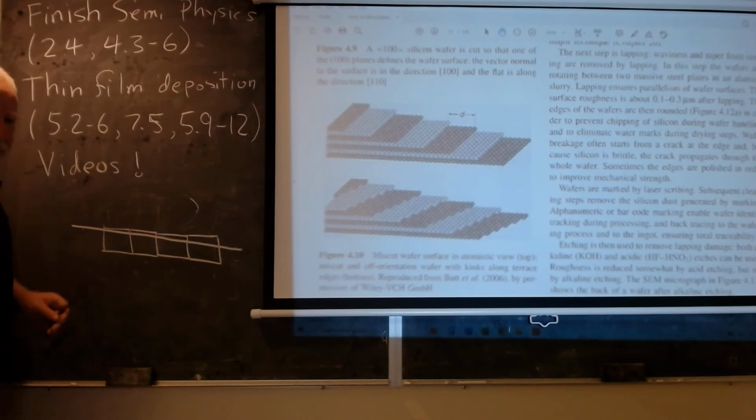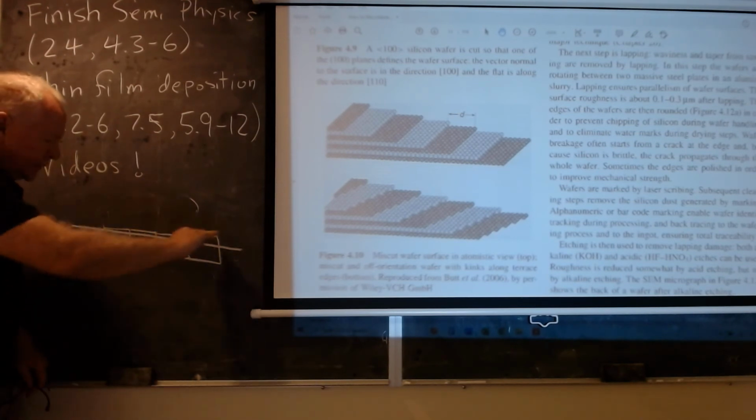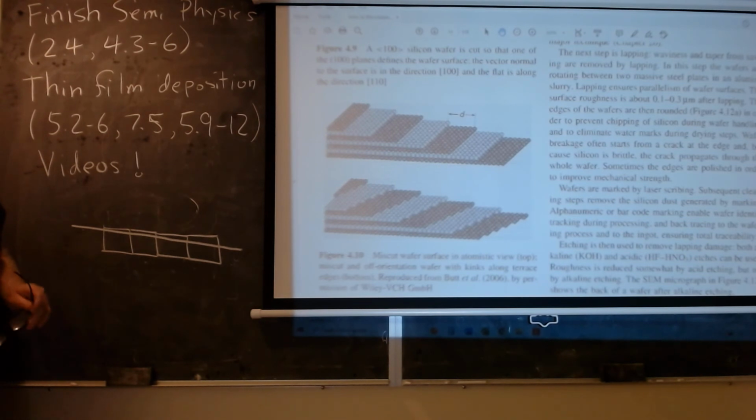And the reason for that, it may sound not good, right? Because if I saw exactly at the crystal plane, which I can do, I get exactly a crystal plane on the surface. You may think that's more desirable.